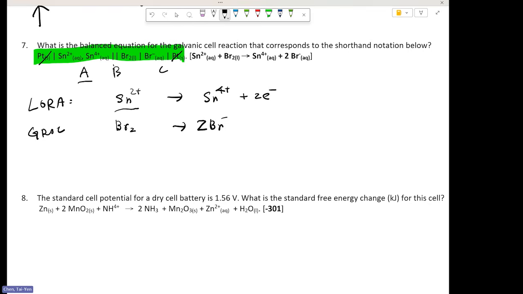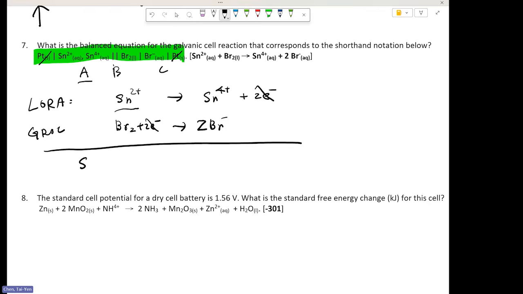Then you balance the charge of your anode. Then you want to do the same thing for your cathode, right? So Br2 become 2 Br minus, therefore you know you need to add 2 electrons here. Once this is all set, all you do is add these 2 half reactions up. So 2 electrons will cancel out.